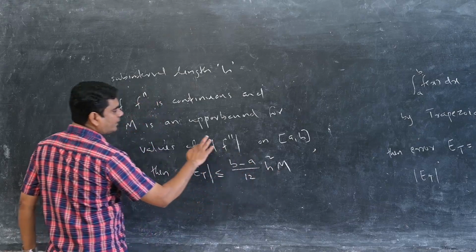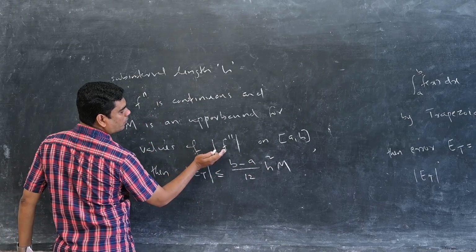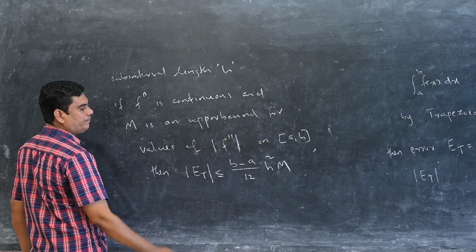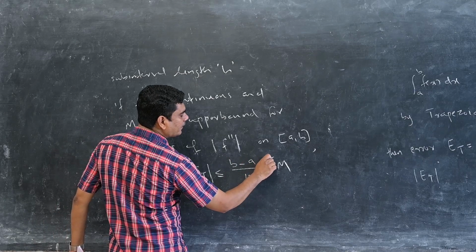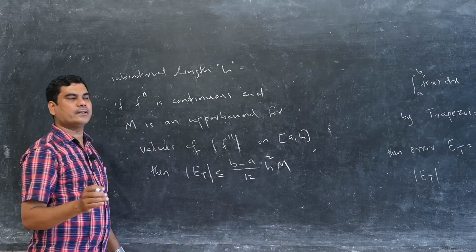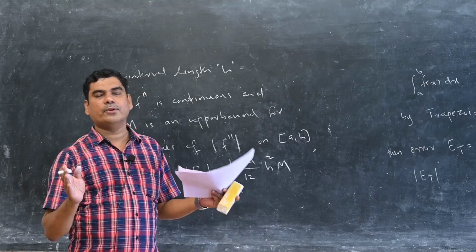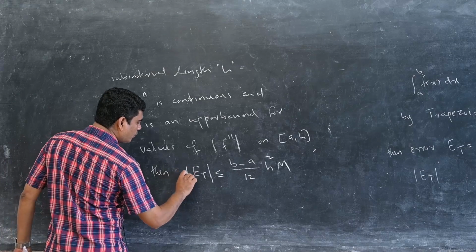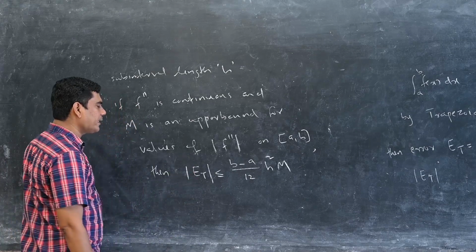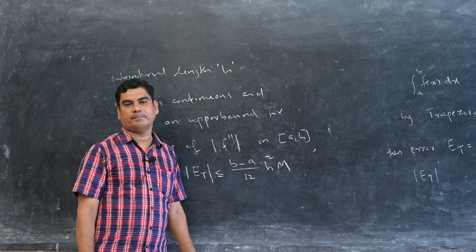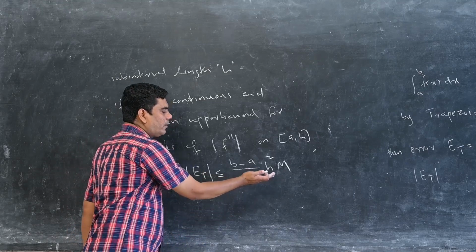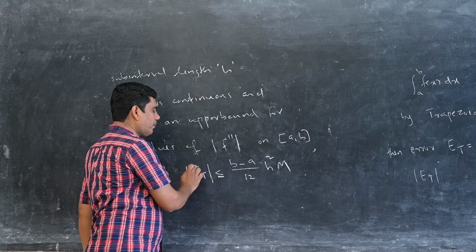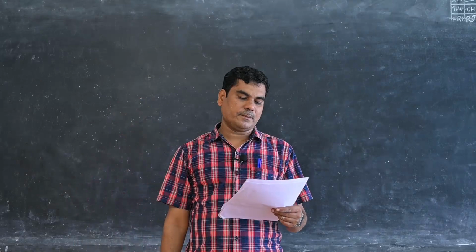Here M is an upper bound for modulus of f second derivative on the interval a b. h is the subinterval length that we use in the trapezoidal rule. So mod Et is less than or equal to b minus a divided by 12 h square M. This is an upper bound for the error for the trapezoidal rule. An example.